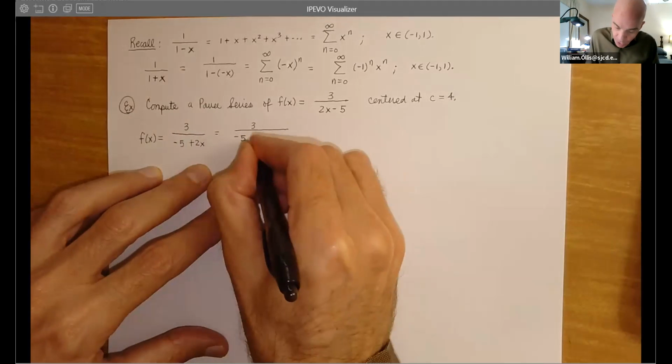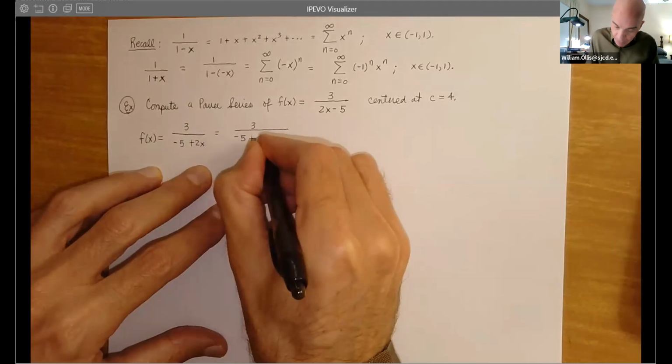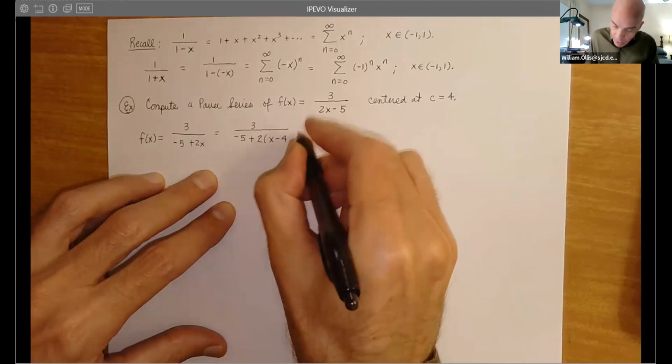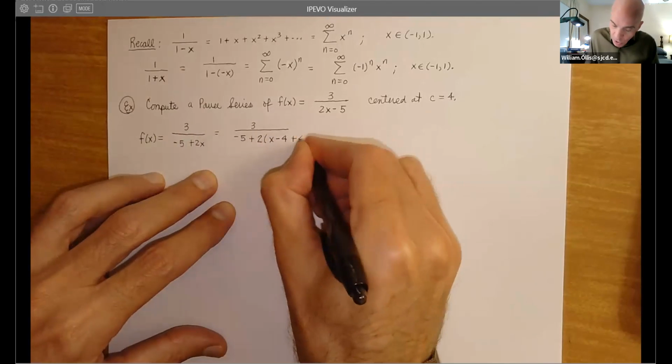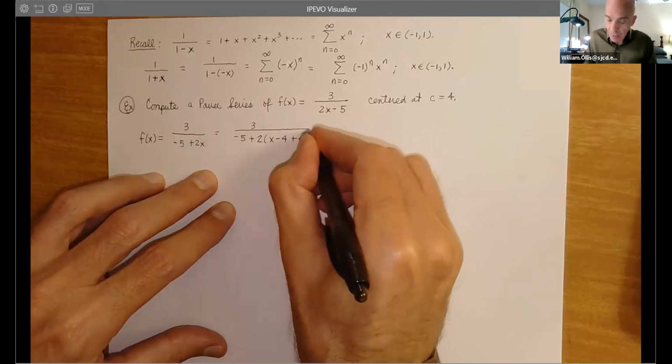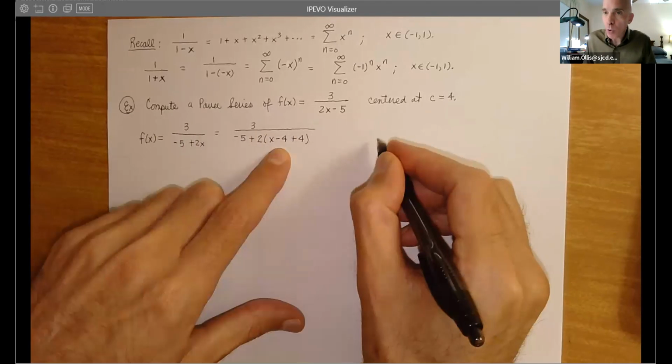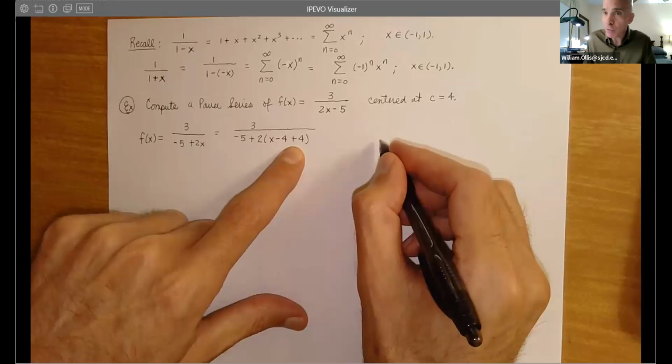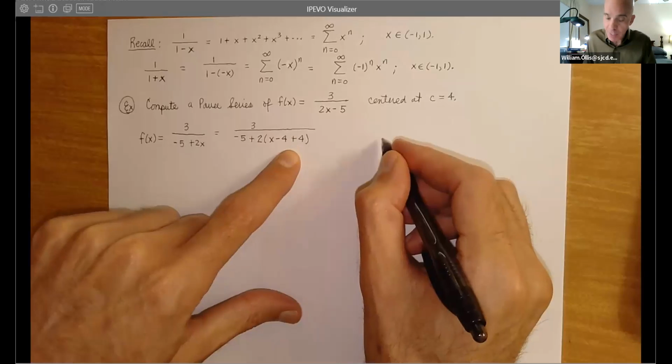So we'll get plus 2, and we'll have x minus 4 plus 4. So we're just doing the smoke and mirrors. We need a center at 4, so we need a -4, but then of course, just like doing integrals, we have to pay for it. So that's going to help us out.